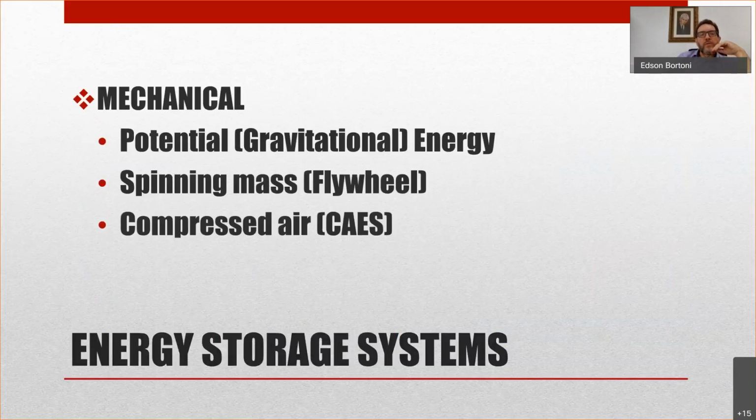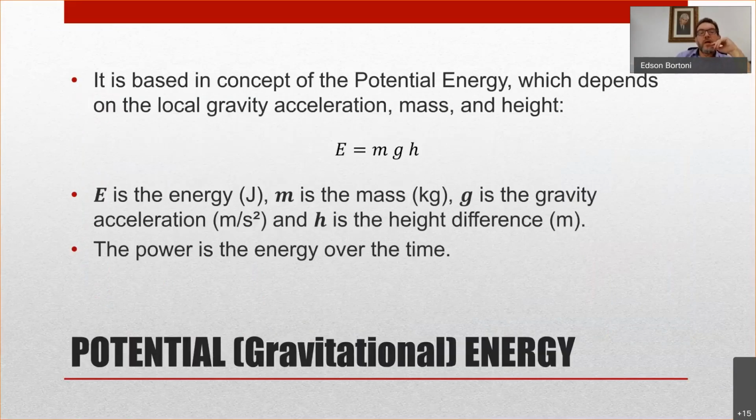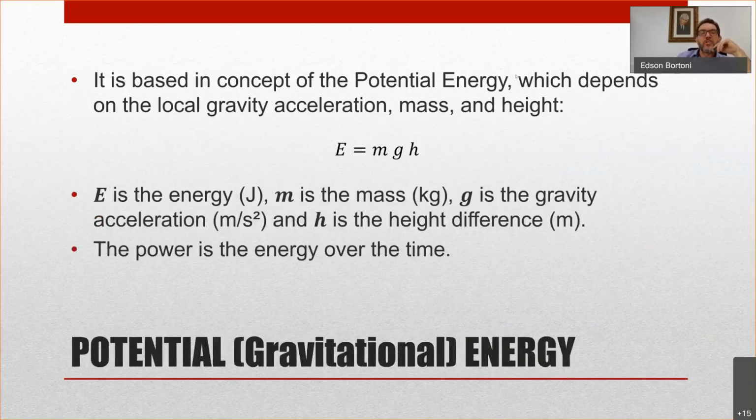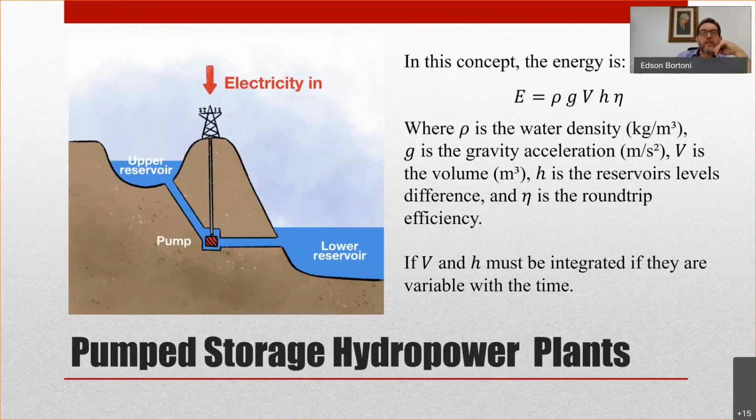Let's see each one. When you have mechanical, you can use the gravitational energy, so the potential energy. So the energy stored in a mass is proportional to the height. So you can store energy in an upper reservoir and use that in a lower reservoir.